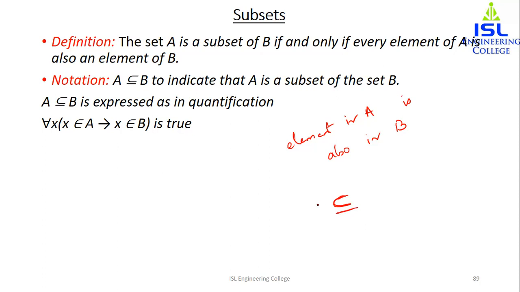So over here, A subset B means that the elements of A are in B. For this, the quantification that we generally use is: for all X, if X is in A, then X is also in B. This is the way we express the quantification.